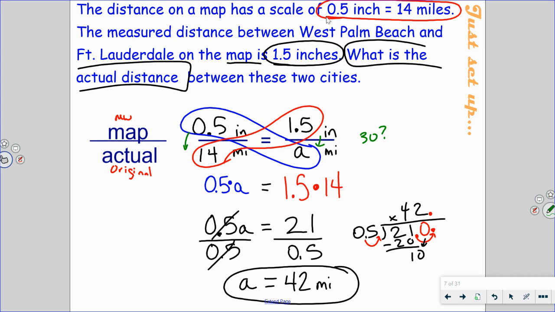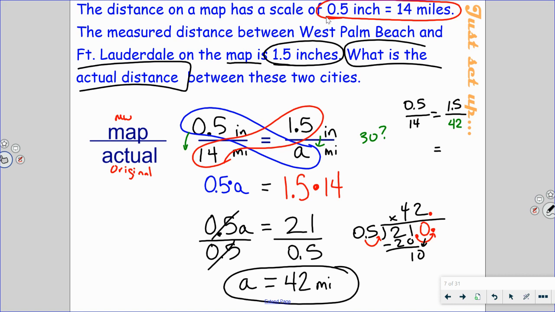Anytime you're concerned about your answer, you can come off to the side. You can rewrite your ratio, this time substituting in what you believe that answer to be. And if you'd like to, you can either divide, you can use cross products, you can do this in a couple different ways. But if we were to divide a half into 14, if we were to divide 1 5/10 by 42, you will get the same answer.